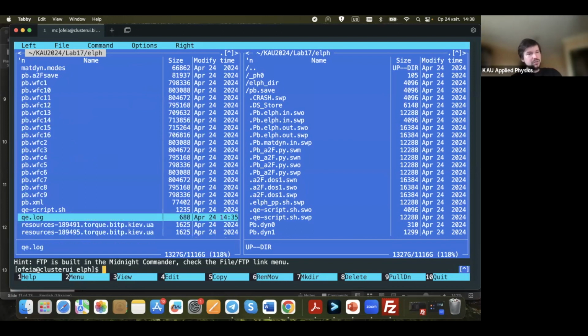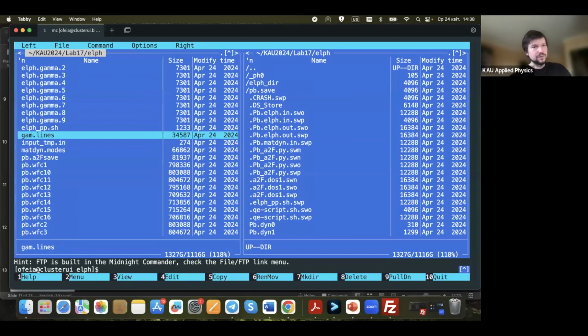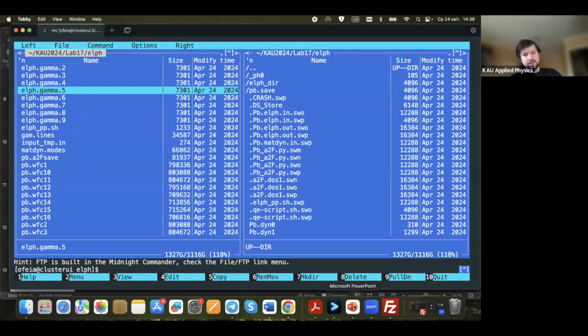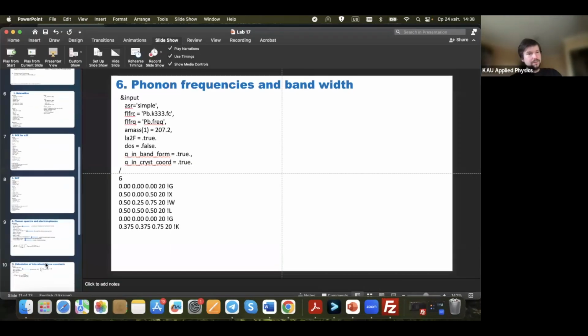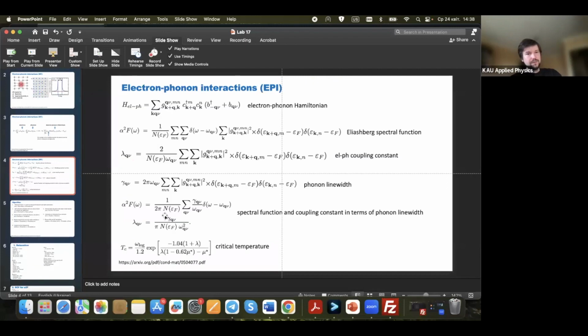Our next step: now we get these files, these gamma files. So we got the phonon linewidths with these gamma files. And now I want to get lambda and I want to get the spectral function.